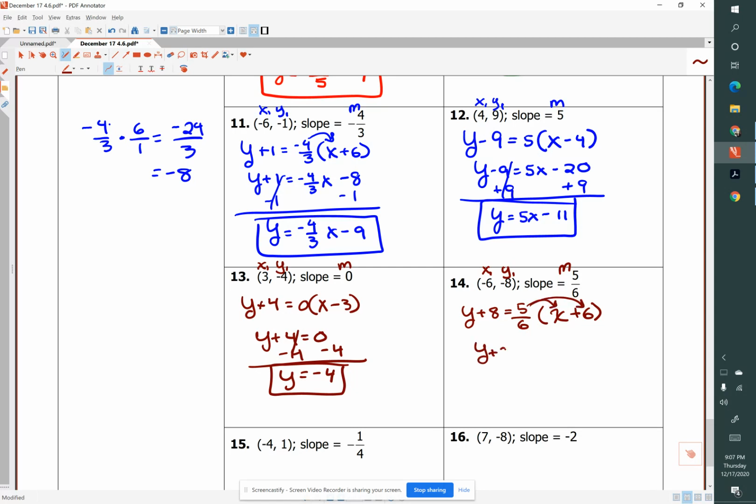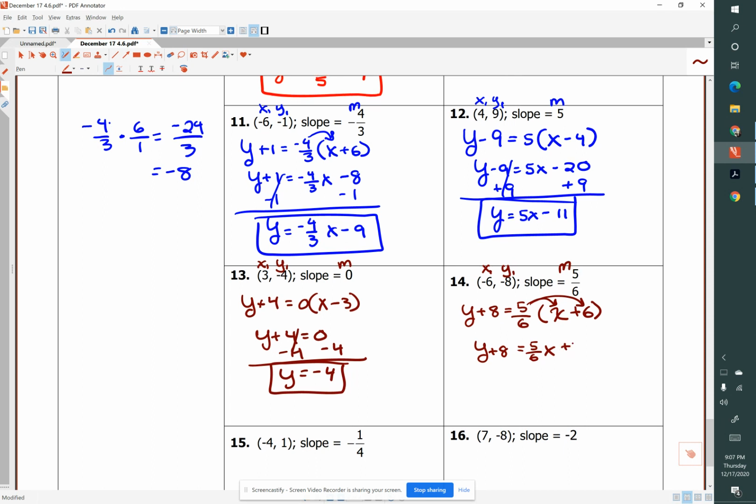Y plus 8 equals 5/6 x plus 5. 5/6 of 6 is 5. So now we'll subtract 8 from both sides. Y equals 5/6 x minus 3.